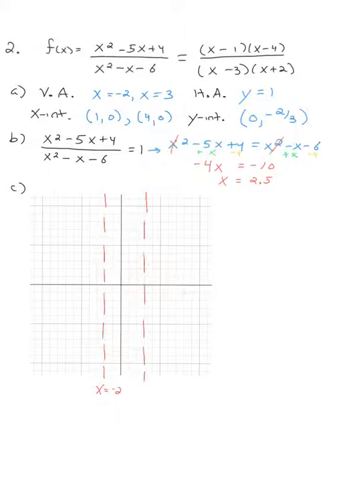They're kind of close. We have x-intercepts at 1 for x and 4 for x. There's a y-intercept at negative 2/3, so roughly here. And there's also a horizontal asymptote of y is equal to 1.